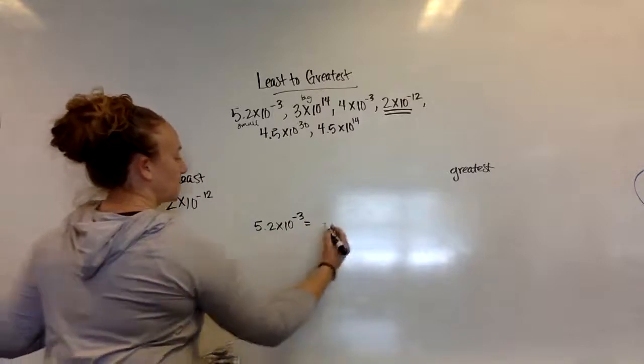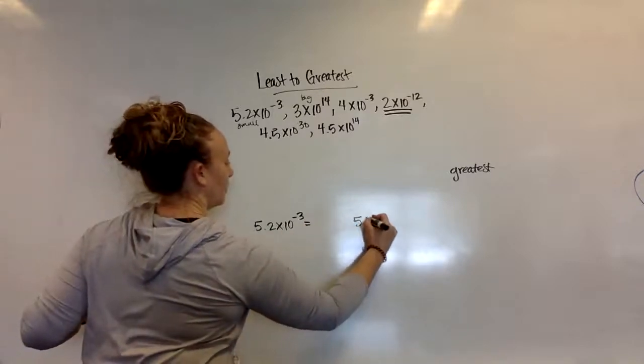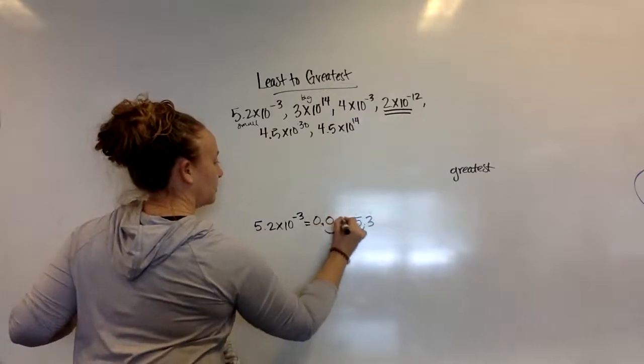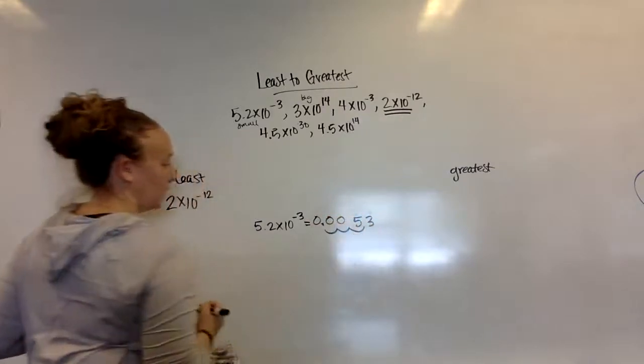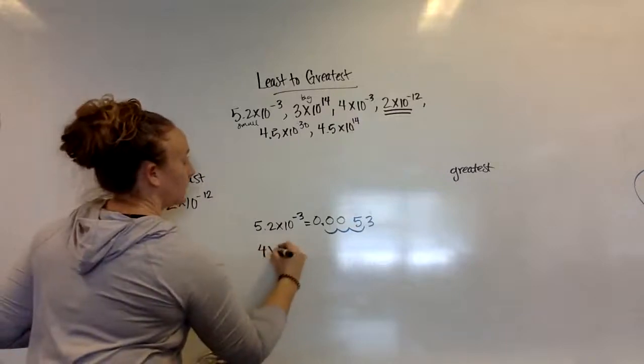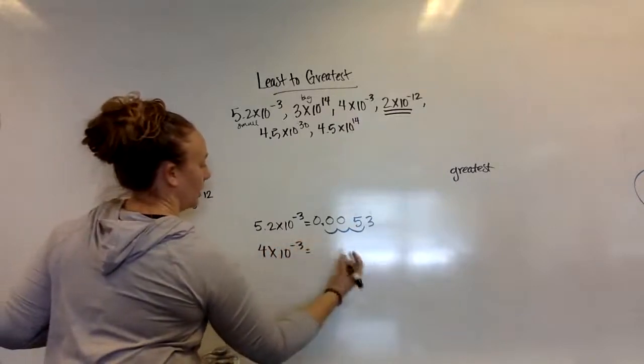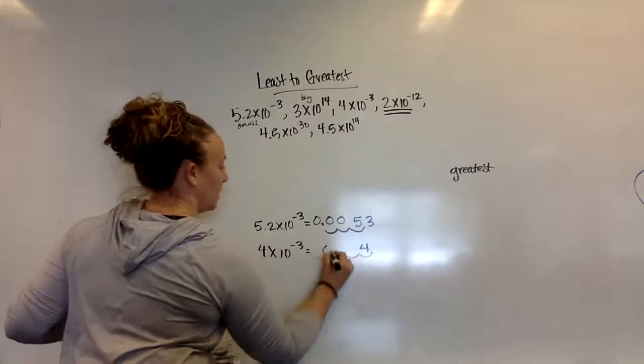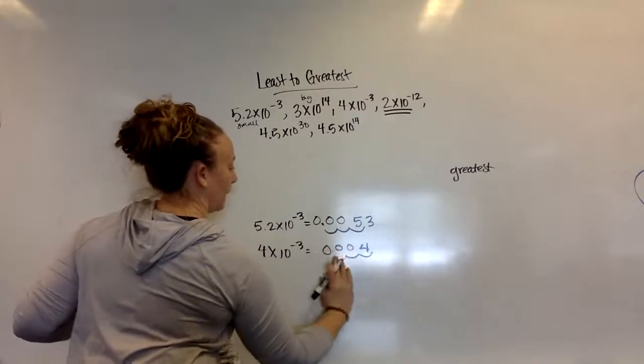So 5.2 times 10 to the negative third, 1, 2, 3, gives me this value here. And 4 times 10 to the negative third gets me 1, 2, 3, this value.